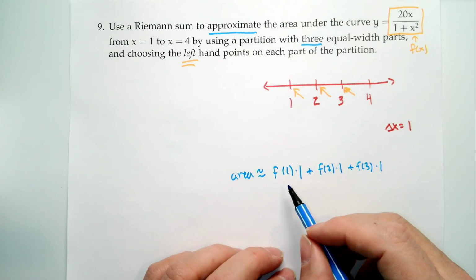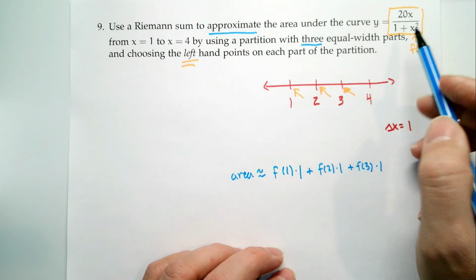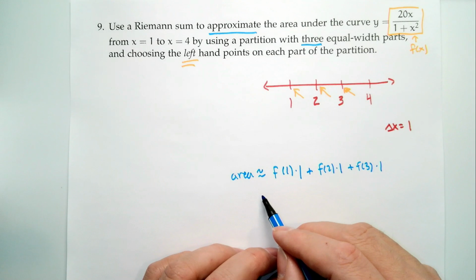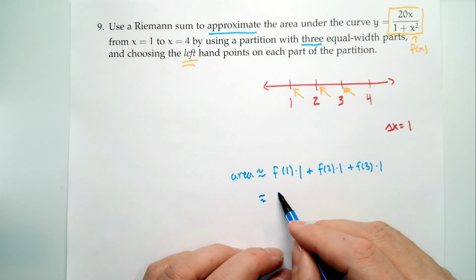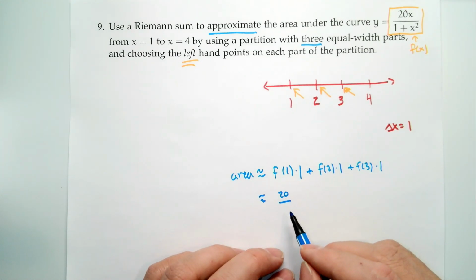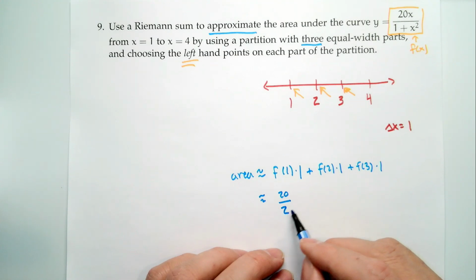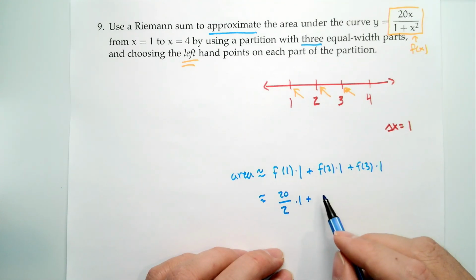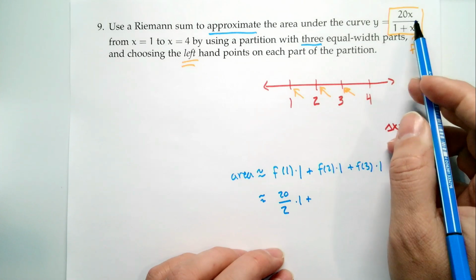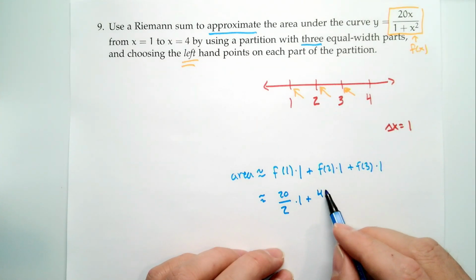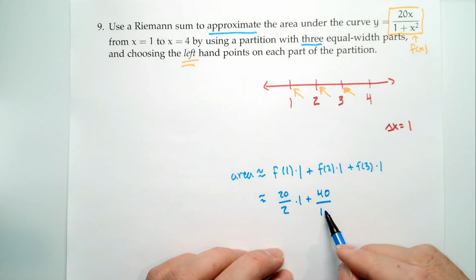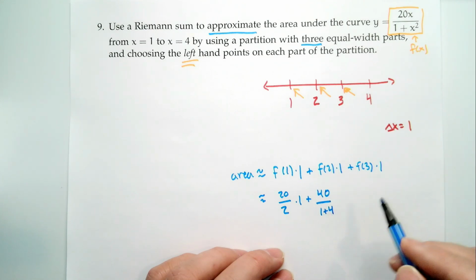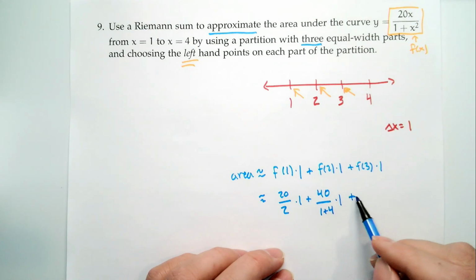All right, so function at 1. So we plug in 1. We get 20 times 1, which is 20. Downstairs we get 1 plus 1 squared, which is 2. Function at 2: 20 times 2, which is 40. Downstairs we get 1 plus 2 squared, well, that's 5. We'll clean that up in a second.